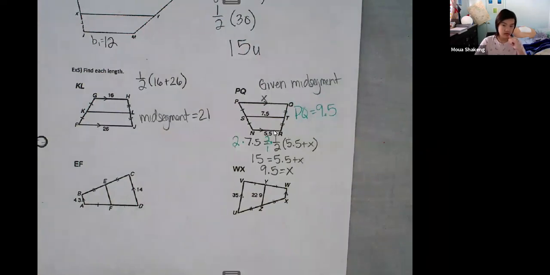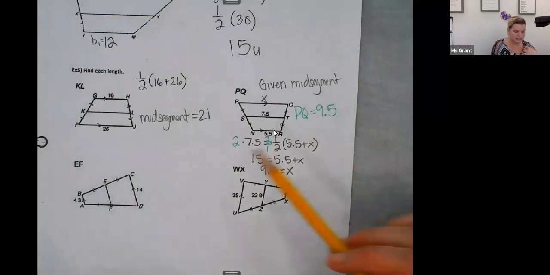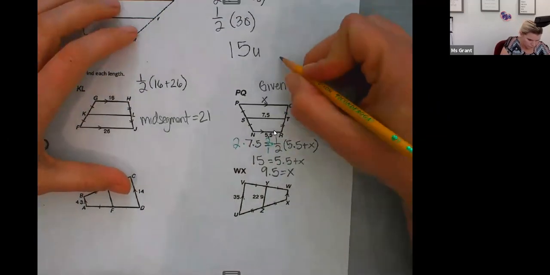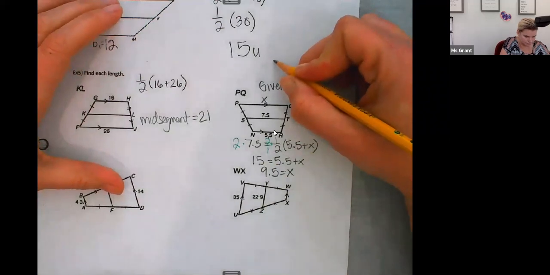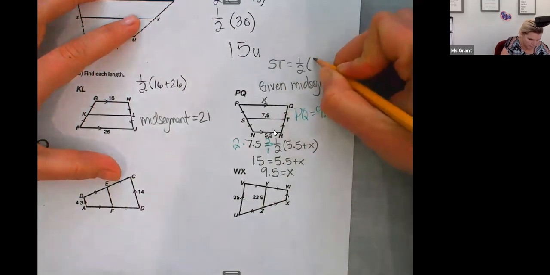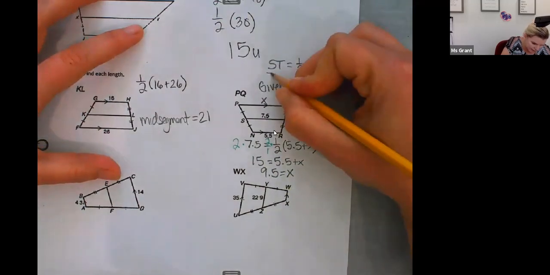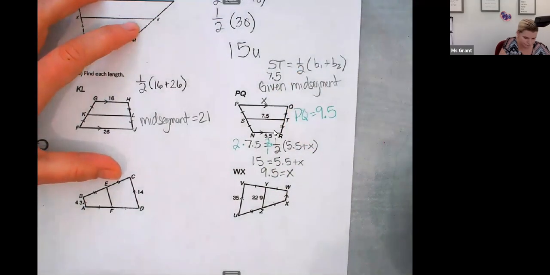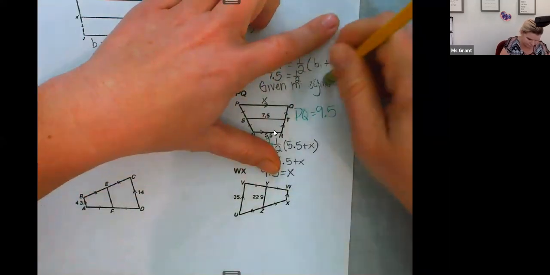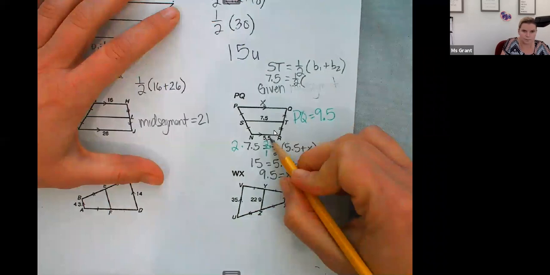Miss Grant, can you explain how you did that again? Yeah. Okay. I was told what the mid-segment was. It was 7.5 long. So the formula is the mid-segment, ST, equals 1/2 of base 1 plus base 2, right? Well, ST is 7.5. Since I knew that, I could put 7.5 in equals 1/2 of 5.5 plus x.